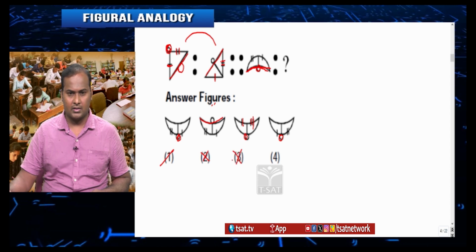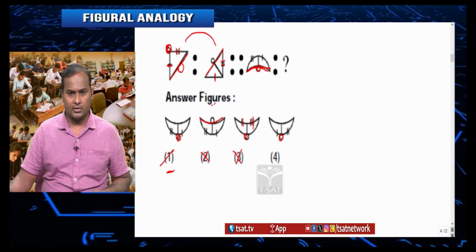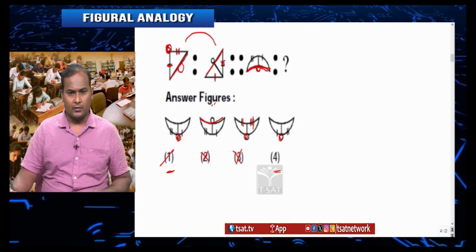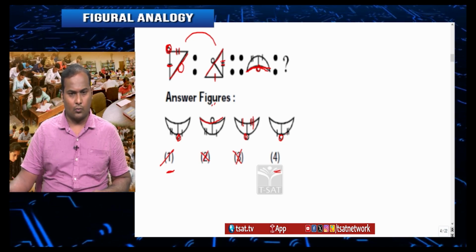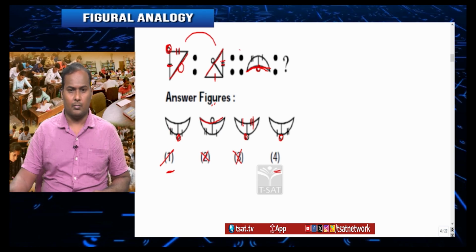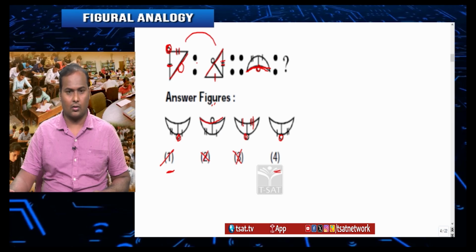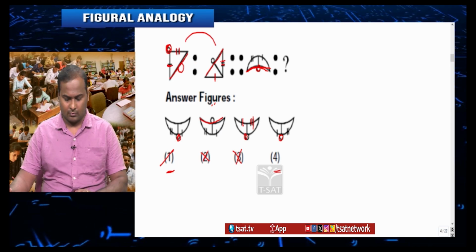So you can eliminate this right away. Now the competition is between option 1 and option 4 only. In both, the difference is the position of lines, but the change in the position of lines is the same here as well. They are not interchanging. So your answer will be 1.